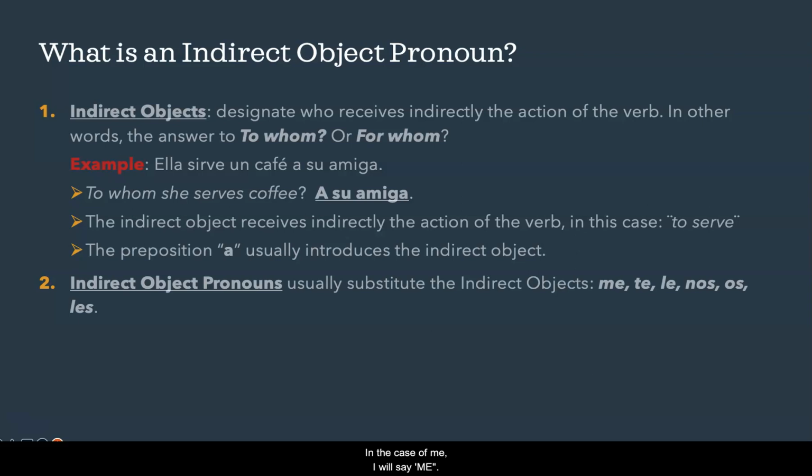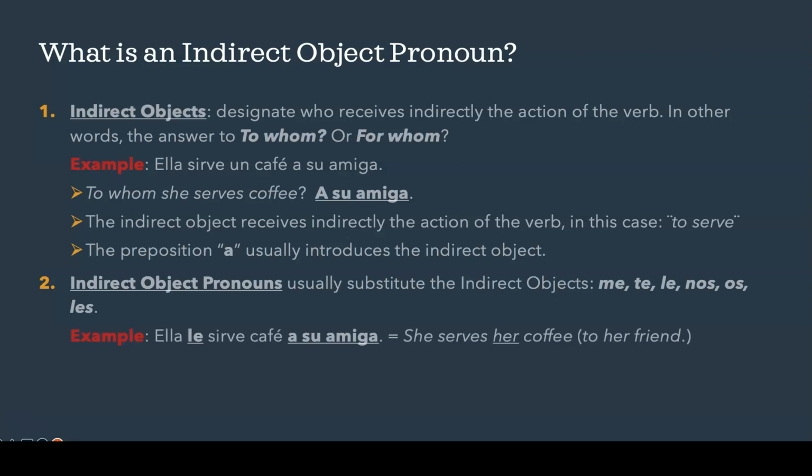In the case of me, I will say me; you, te. For him, her, or usted, I would say le. For nosotros, nos. For vosotros, os. And for them and ustedes, I would say les. Let's take a look at an example: ella le sirve café a su amiga.